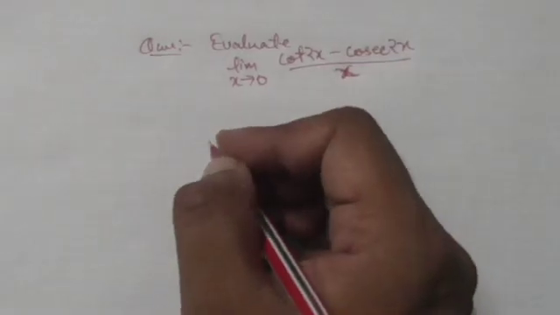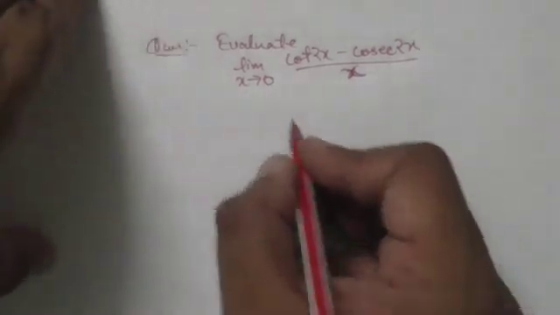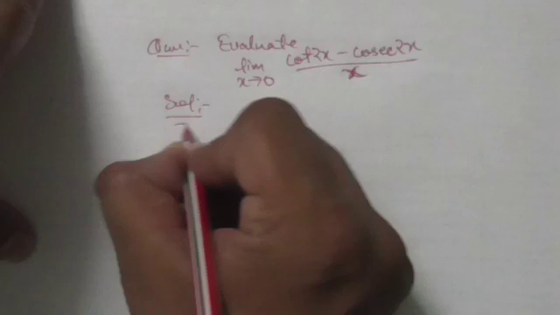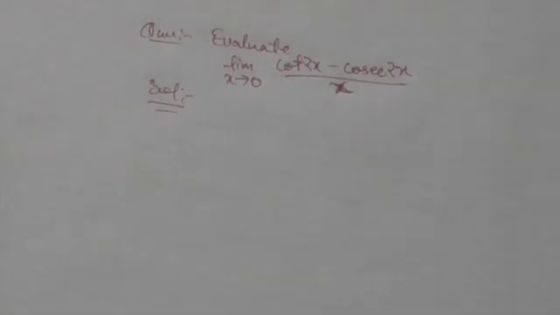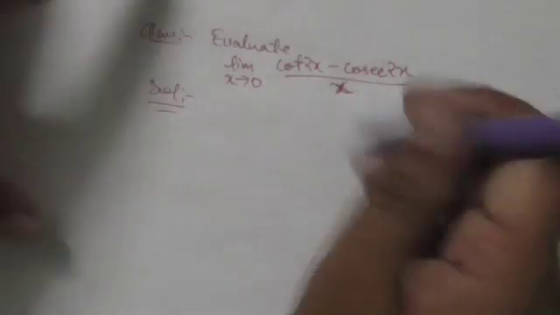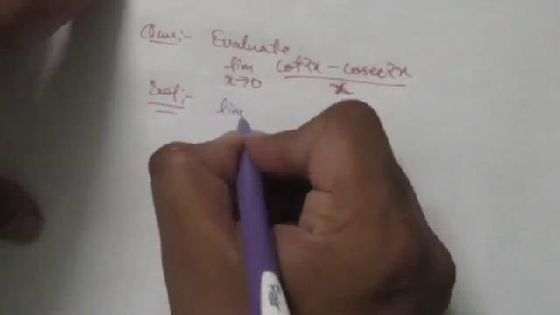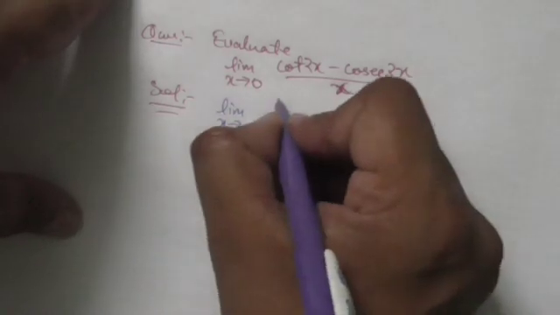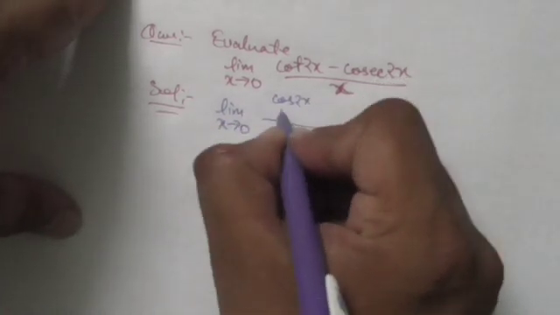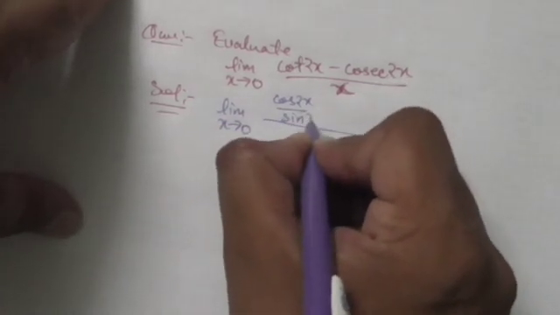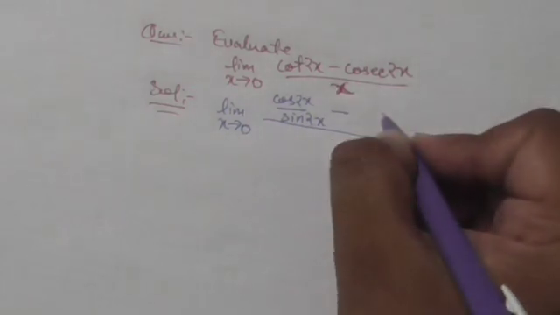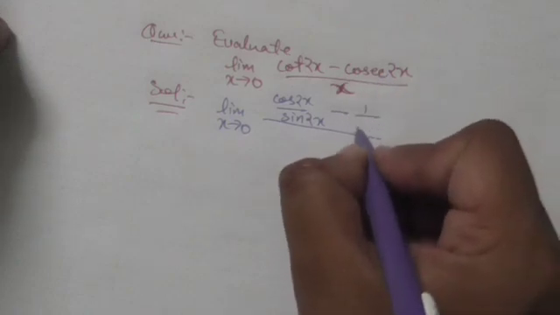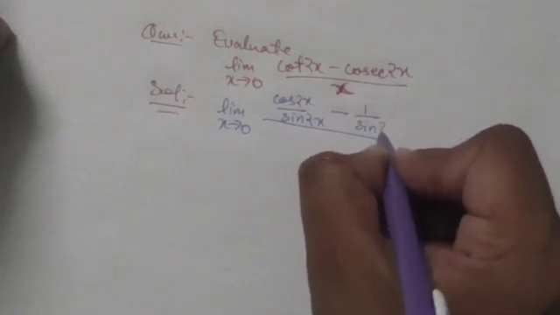So let us solve this question. Limit x tends to 0. Now what is cot 2x? It is cos 2x upon sin 2x minus, what is cosec 2x? It is 1 upon sin 2x.